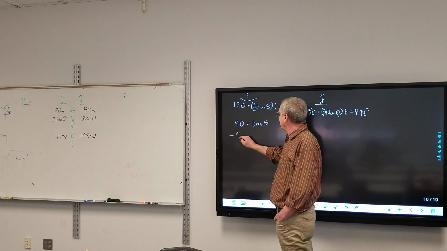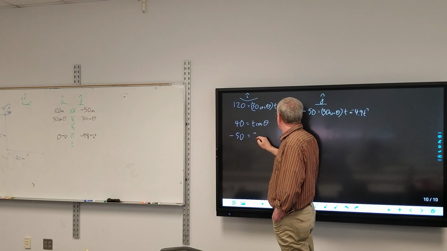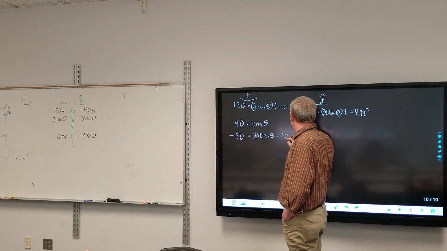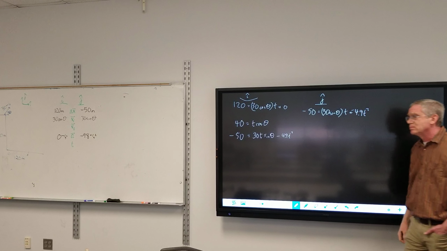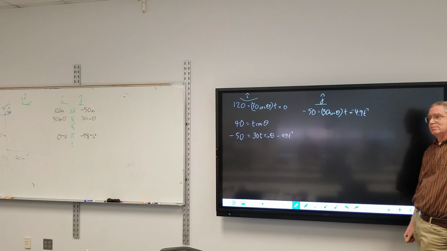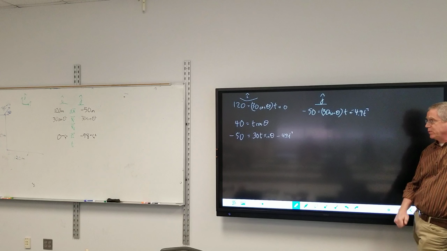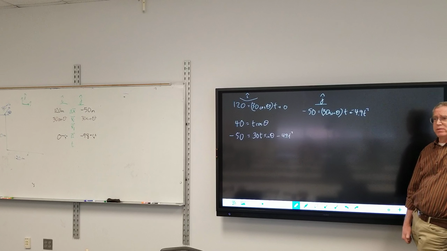So -50 equals 30 t sine theta minus 4.9 t squared. Okay. Now what? If these were ordinary, you know, we didn't have a trig function in there, that might be one of the easier ways of doing it, but with trig functions in there, it becomes more difficult.